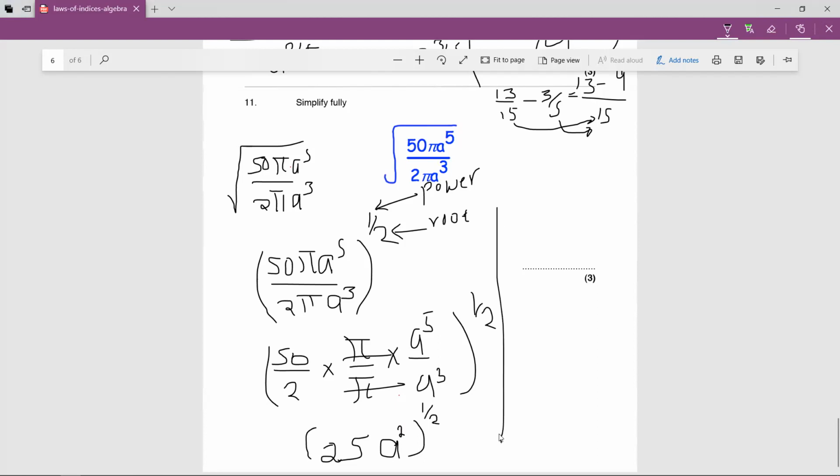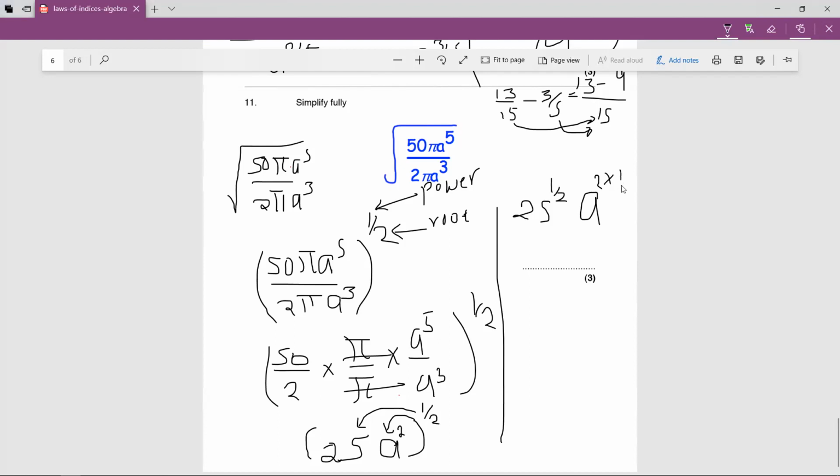1/2. So we apply the third law of indices now, which states that we have to open that bracket by distributing that power inside the bracket. So we have to distribute this power to the 25 and to the a squared. So we'll have 25 raised to power half multiplied by a raised to power 2 times half.